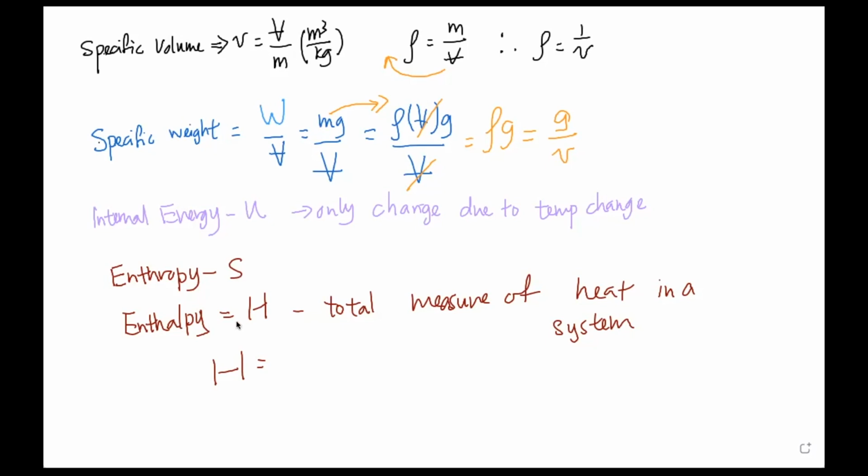Enthalpy means the total measurement of heat in a system. The enthalpy is not only affected by the internal energy, it is also affected by the pressure. When you press the system, the pressure increases, and the enthalpy also increases. In other words, enthalpy H is the internal energy plus the pressure times the total volume. By using this, you are able to calculate the enthalpy.